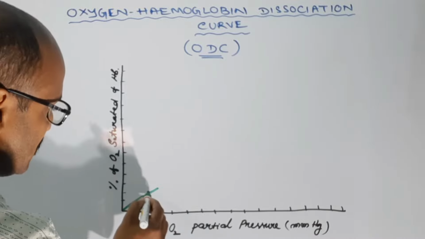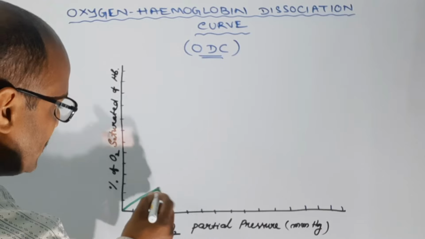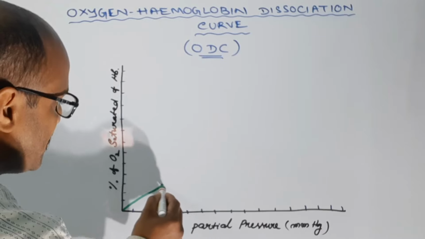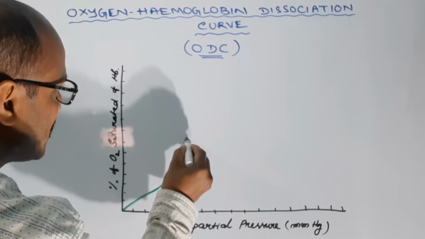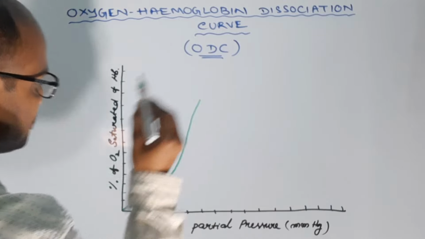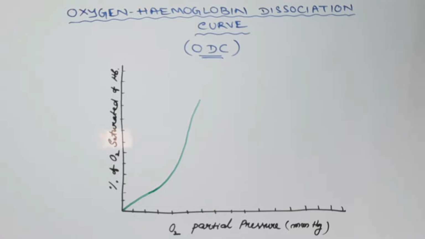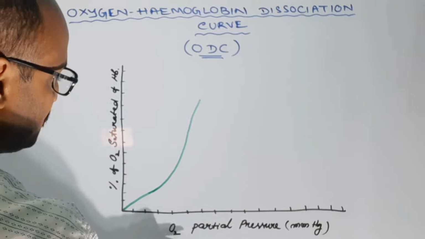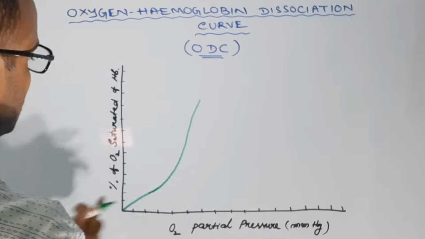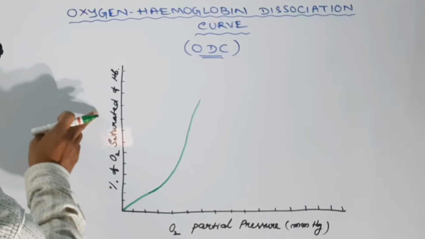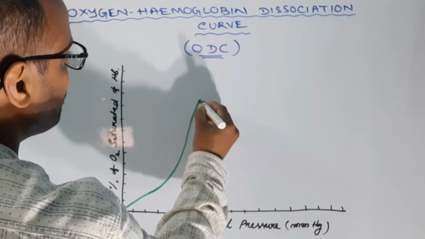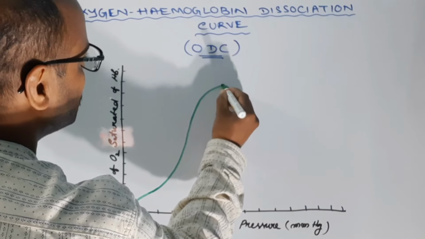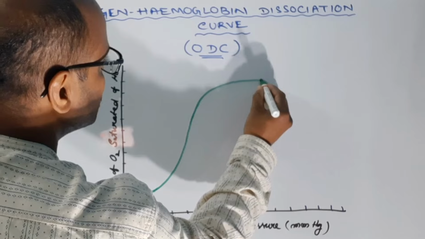But after some point, the affinity increases with the increasing partial pressure of oxygen. Then again, after a certain level, with the increasing partial pressure, the availability of hemoglobin goes down. That's why the affinity again becomes stable.